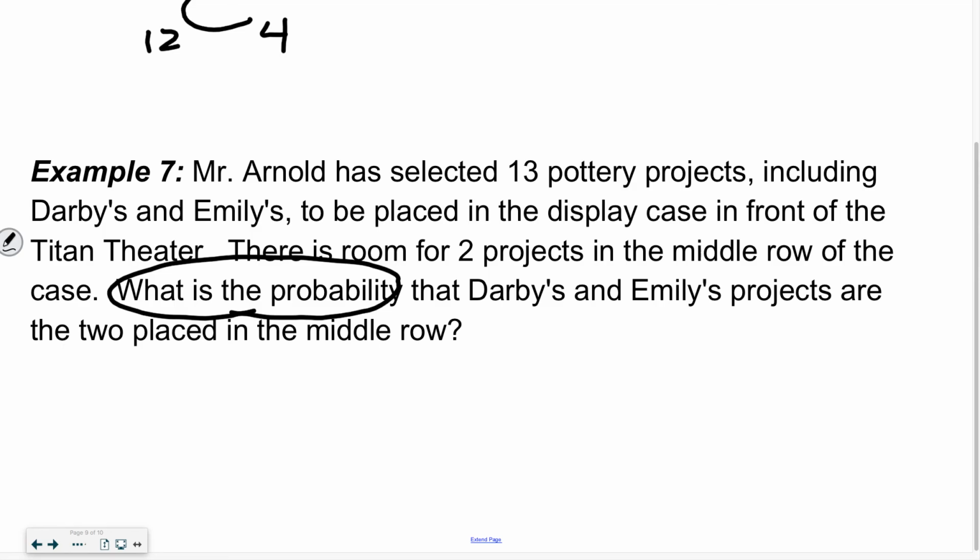You did a permutation of 13 items chosen 2 at a time. And why were you doing a permutation? Because the only spots are in the middle row, so the order has to be like those 2. Yeah, wouldn't it be combination?